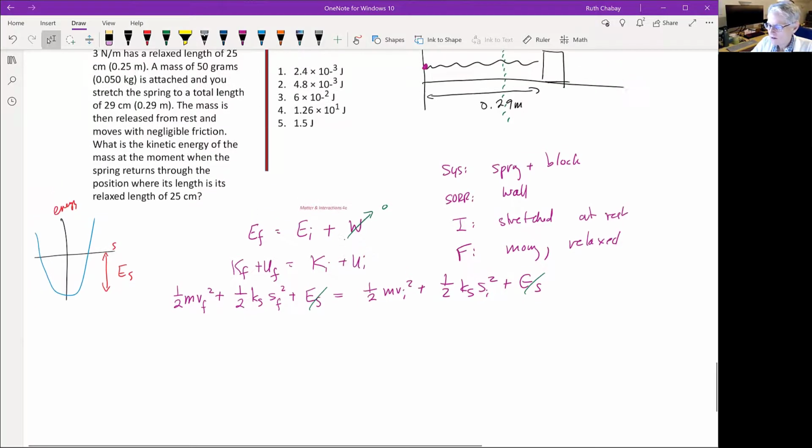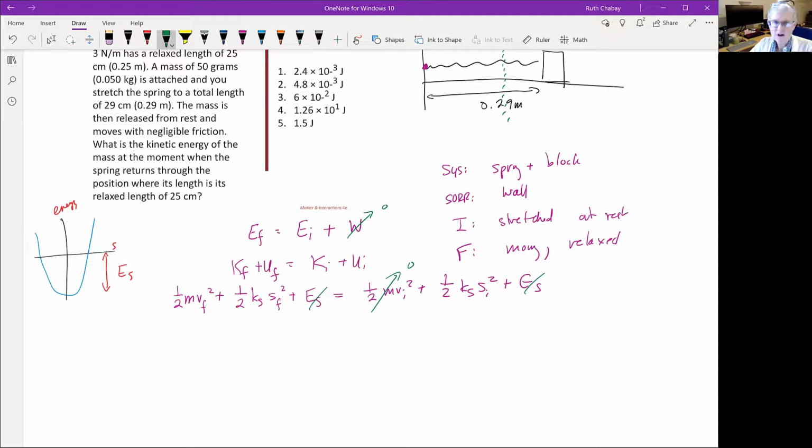And now we see what else we know is 0 in this equation. So the initial kinetic energy is 0 because it's at rest.